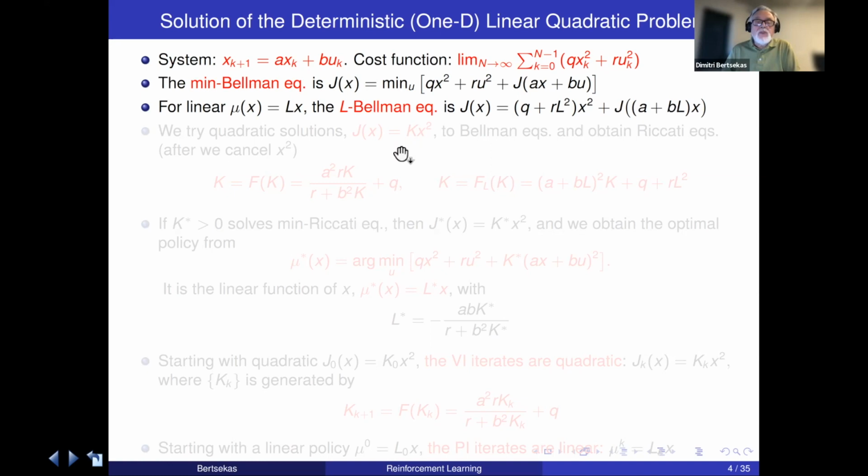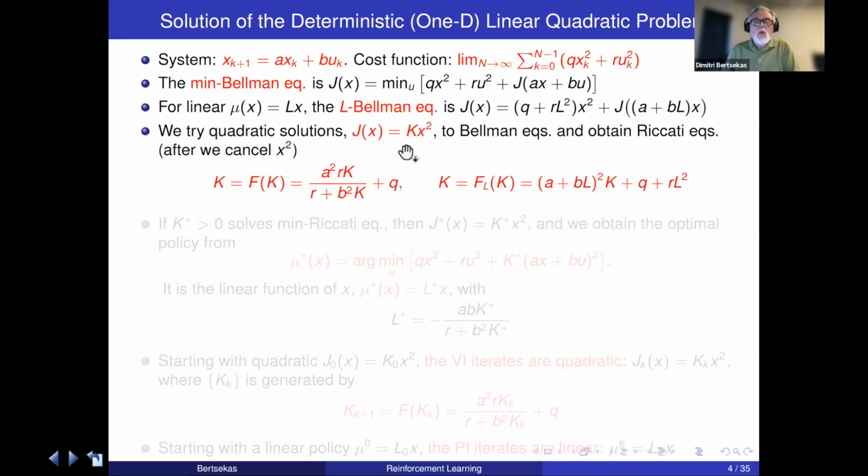So these are our Bellman equations, and we make a guess here. We try quadratic solutions, J's, which are a quadratic of the state, with K being the coefficient of the quadratic. So we try this kind of solution in here and this kind of solution in here. And then what happens if we, let's say, take this and plug it into here, this becomes quadratic in u, okay? And this minimization can be done explicitly in closed form by taking derivative and so on.